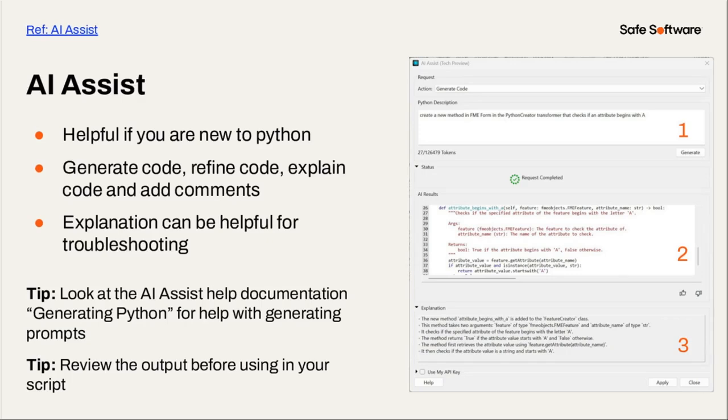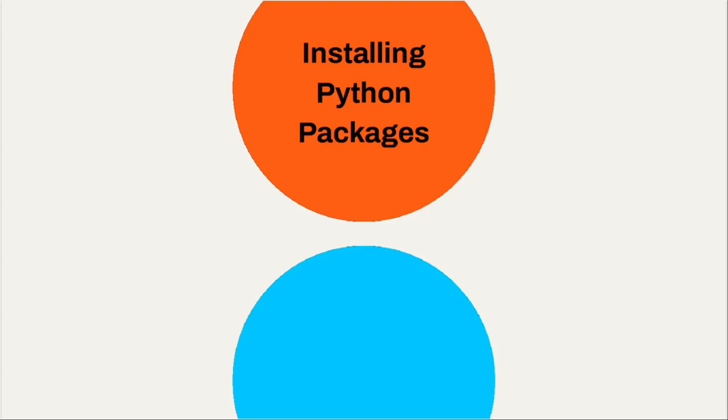So not all of the results will be the most accurate or efficient way of doing things. Some of the results it gives you might even prevent your script from running. So you just want to make sure that you review the output before using it in your script. And then next, Ali will talk about installing Python packages.